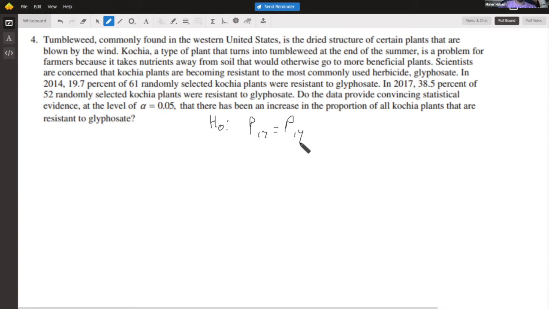What would our alternative hypothesis be? That P2 is greater than P1, or P17 is greater than P14. Something like that, absolutely. Yes. So we have that.